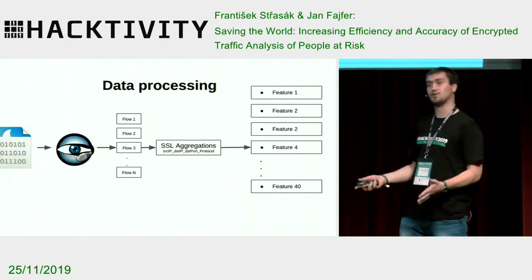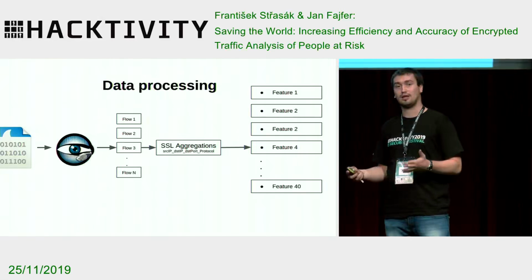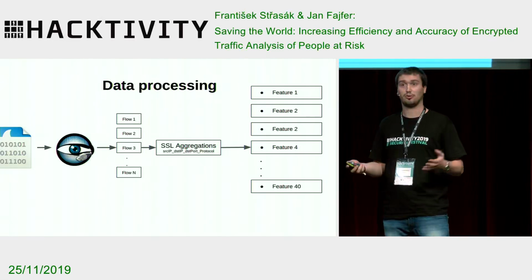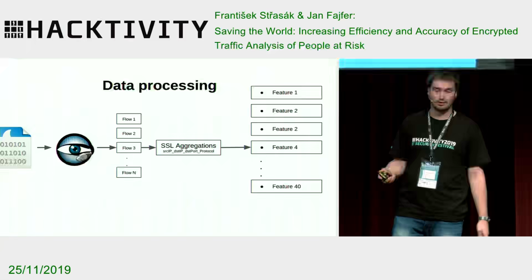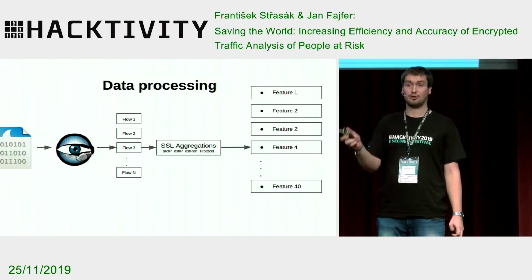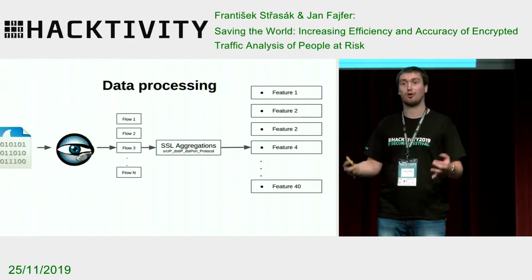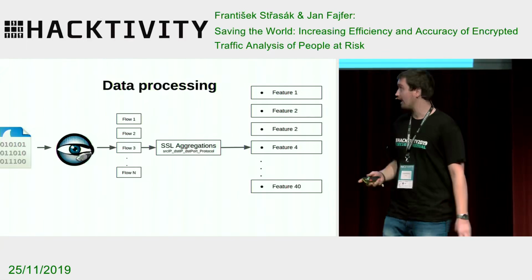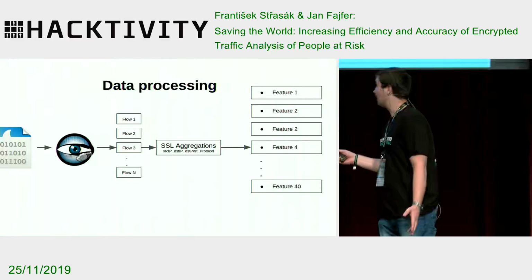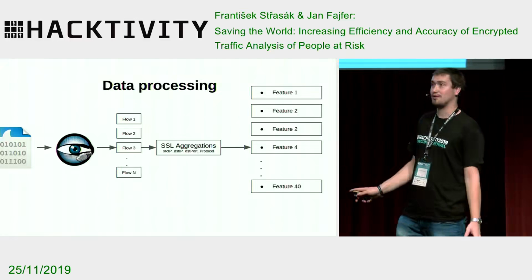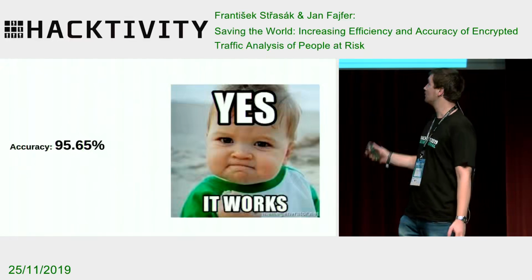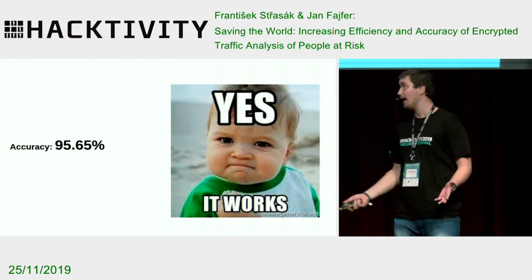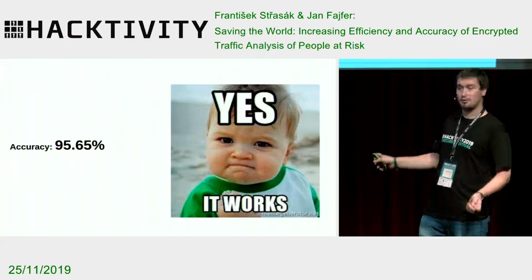Actually, we had 40 features, and it was mainly about the TLS certificate because we want to detect and classify whether the connection is malicious or not, because that is the core of the problem of the analysis. And yeah, we applied some machine learning algorithms. We had random forest, XGBoost, SVM, the basic ones, and we got 95% accuracy.